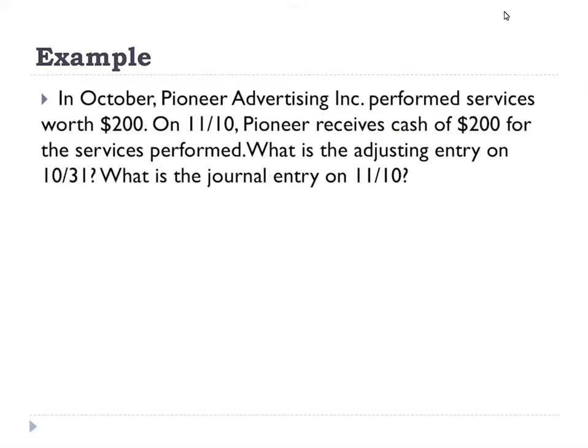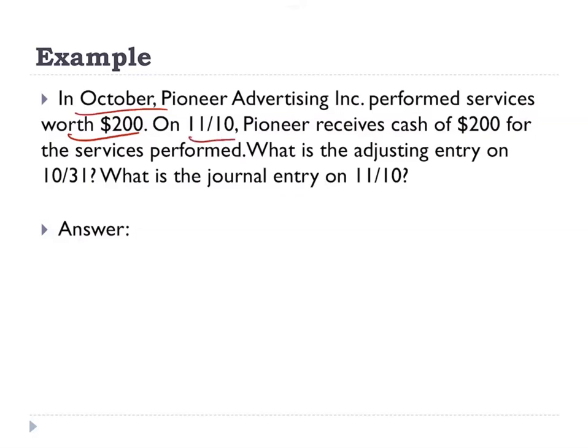Here's an example. Please take 5 minutes. Try to work on those journal entries on your own first, and you can pause your video for now. So the firm performed service in October, and the service was $200.